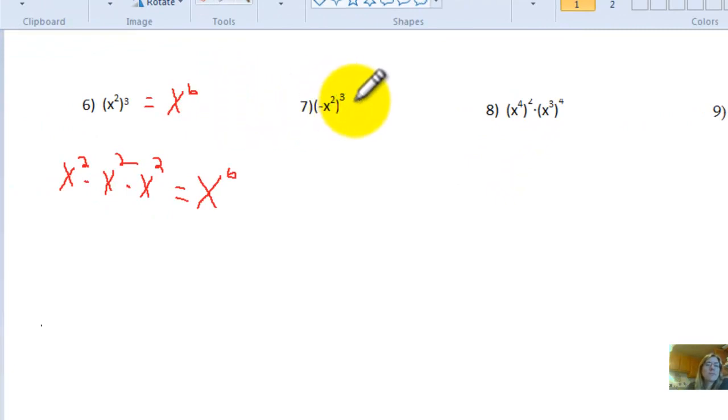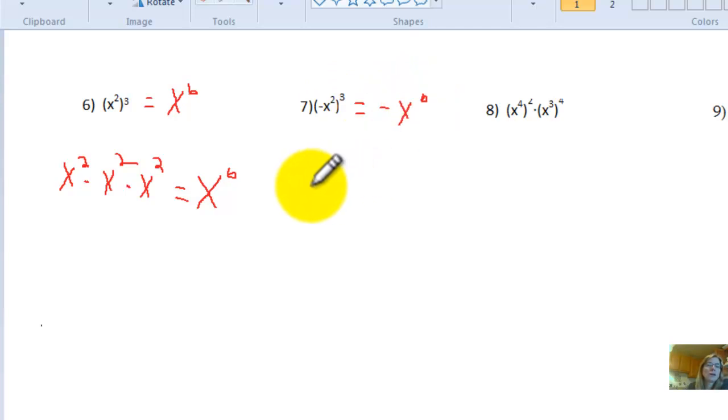Alright, for this problem, you have negative x squared to the third. Well, it comes out the same answer except with a negative in front. But here's a good way to keep track. 3 times 2 is 6.